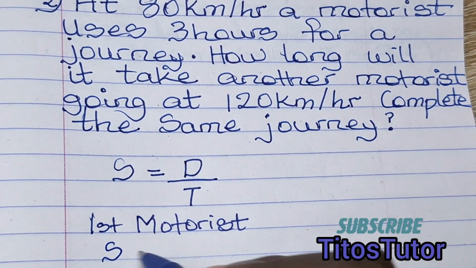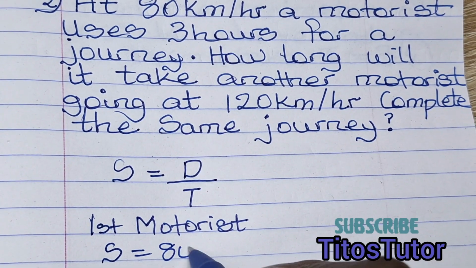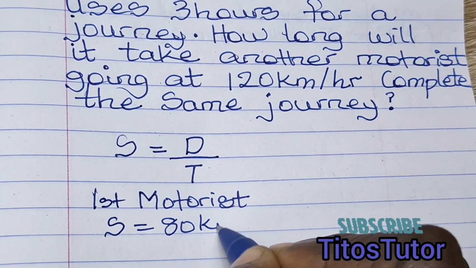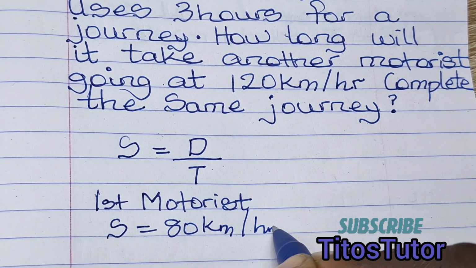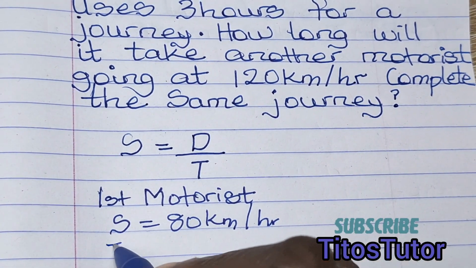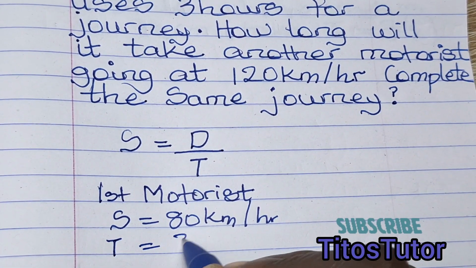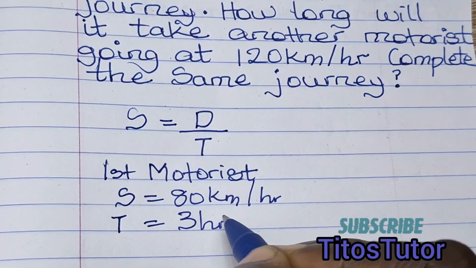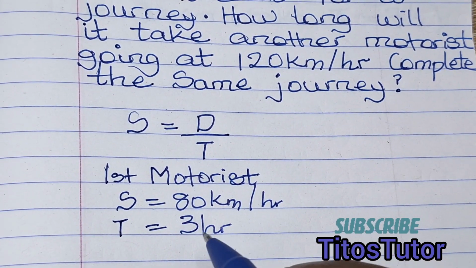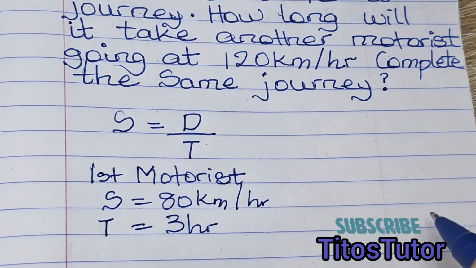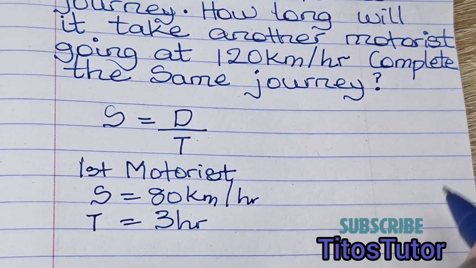He has a speed of 80 kilometers per hour and a time of 3 hours. We don't know what the distance is. So all we need to do is calculate for the distance.